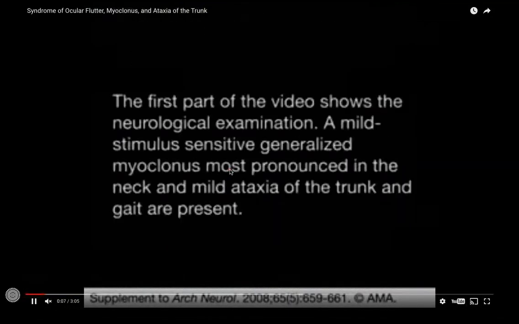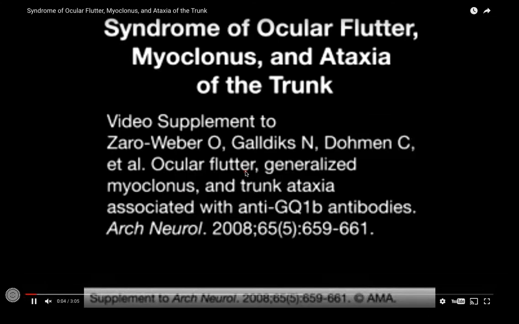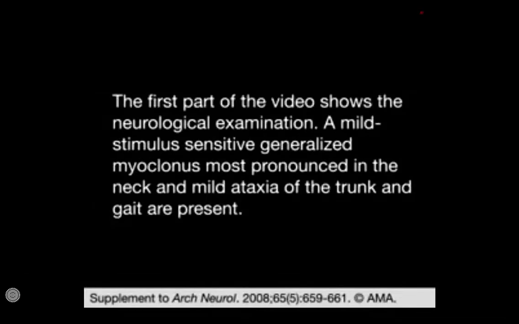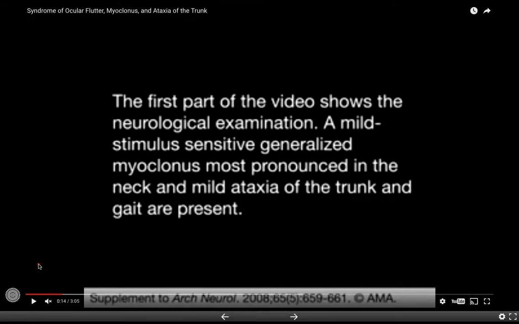Yeah, she had a finding or syndrome of oculomotor flutter, myoclonus, and axial ataxia. And so what I like about looking at syndromes is these are rare findings, right? So a patient with oculomotor flutter and myoclonus and ataxia of the trunk, you could see where she's lying.